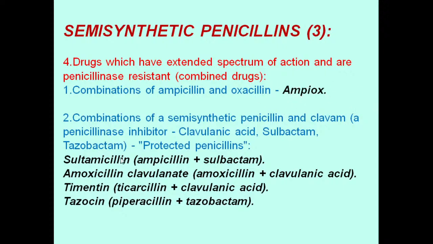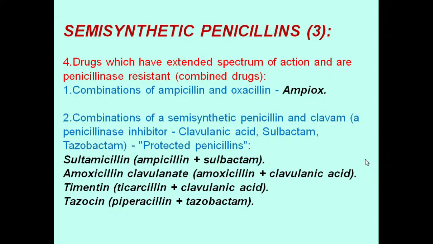And the second combination. In this combination, first is a semisynthetic penicillin, and second, one of the clavams. The group of clavams was first used as separate antibiotics, but activity is not high.